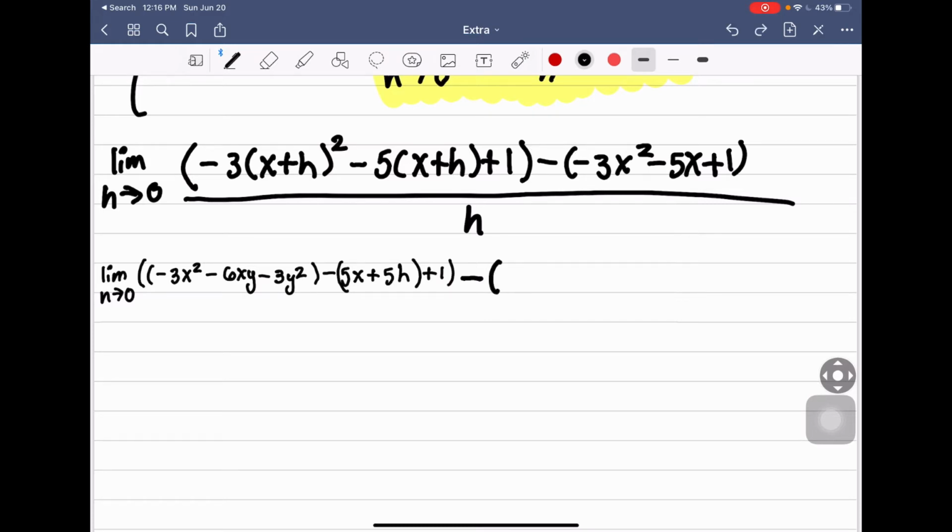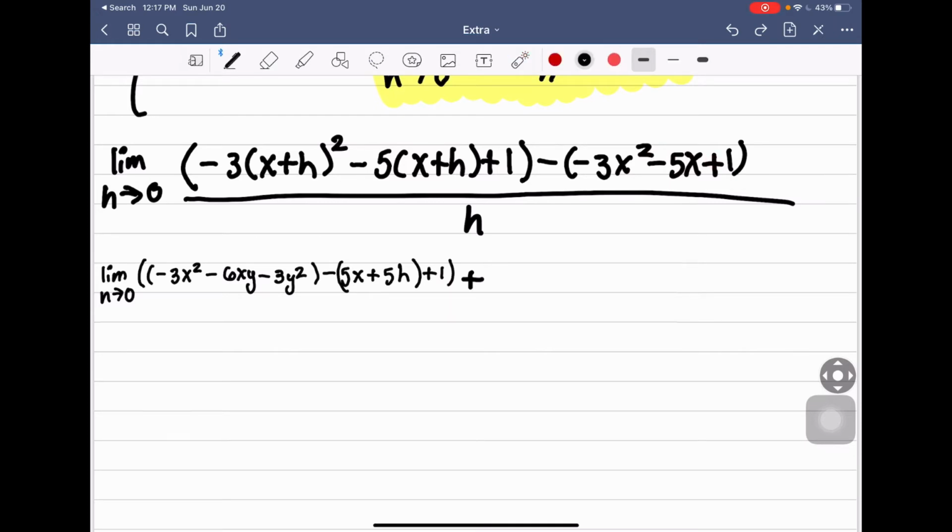3, well, we can just turn that into a plus now, because these two cancel each other out. So that means that we're going to flip all the signs. So this is just going to be a plus. This is going to be a plus. This is going to be a minus.